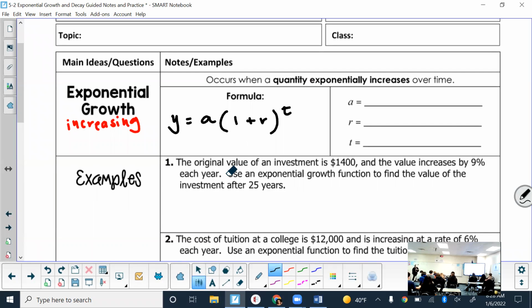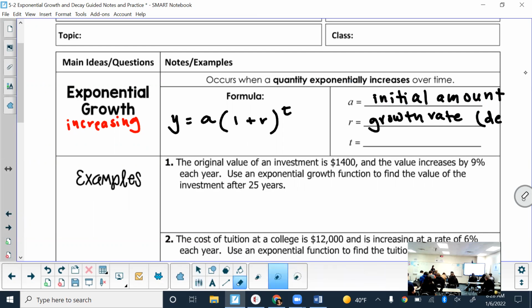A will stand for your initial amount. So fill that in. Initial amount. R will stand for your growth rate, and in parentheses or somewhere that you can write this down, put as a decimal.